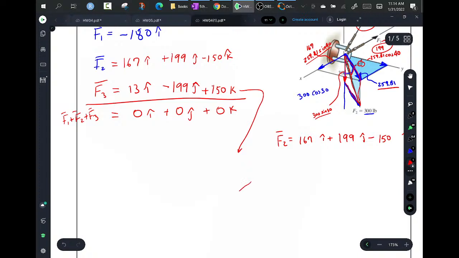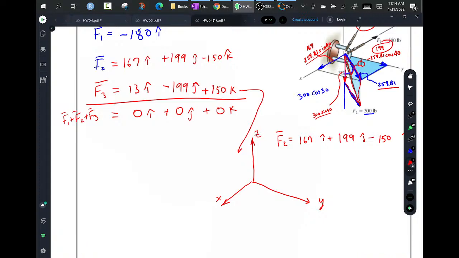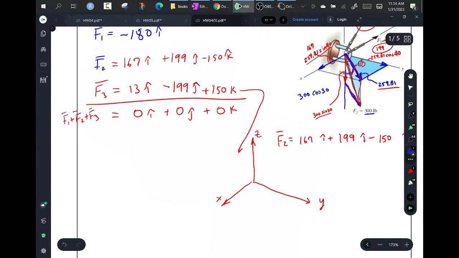Okay, so he had X going this way. He had Y kind of going this way. He had Z going this way. Now, boy, 13 is a very short one. So I'll tag this one at about 13.